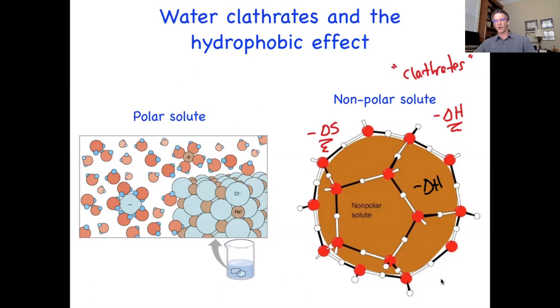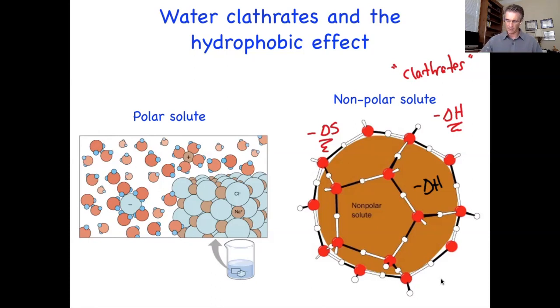All of those things together result in the tendency of hydrophobic stuff in aqueous solvents to clump together, right? That clumping together, that clustering of nonpolar solutes in aqueous solution is the definition of the hydrophobic effect. And it's coming about as a result of an attempt to minimize the energy penalty.